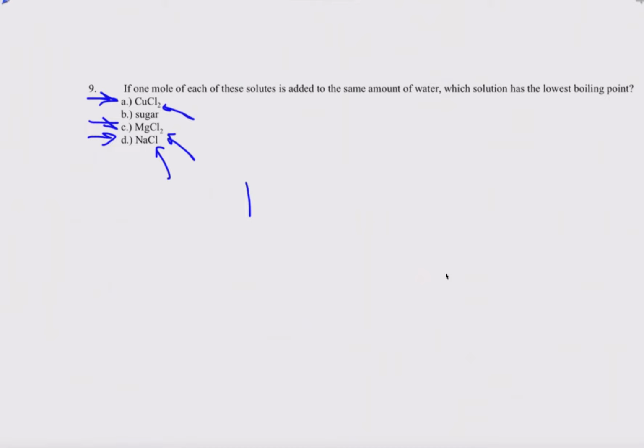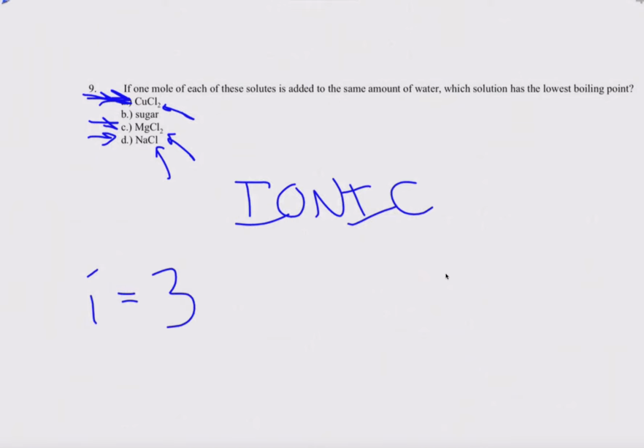These are all ionic. Ionic compounds dissociate or break apart when they dissolve, which means they basically multiply their effect. So CuCl2, when we're doing the formula for boiling point, has an i value of 3 because it's a copper and 2 chlorines.